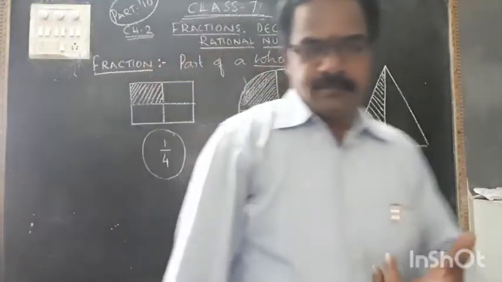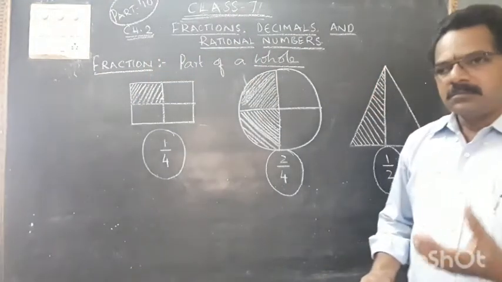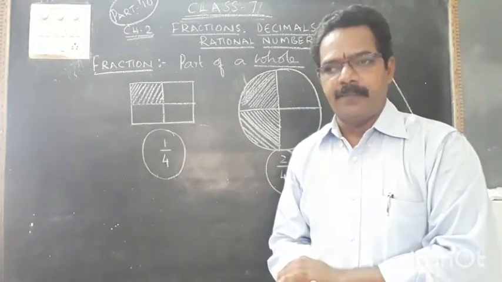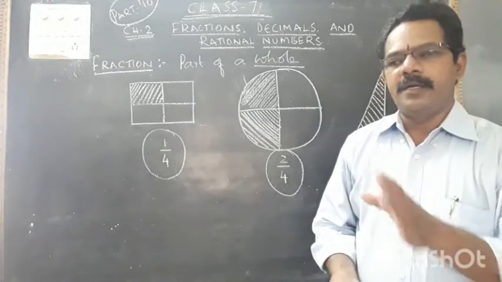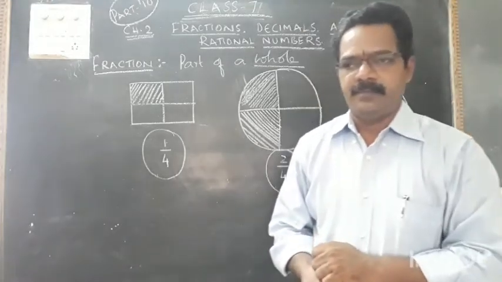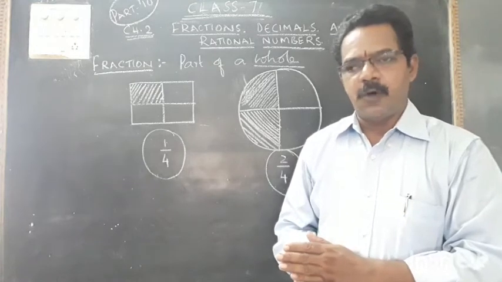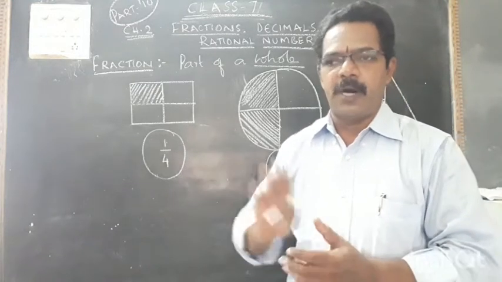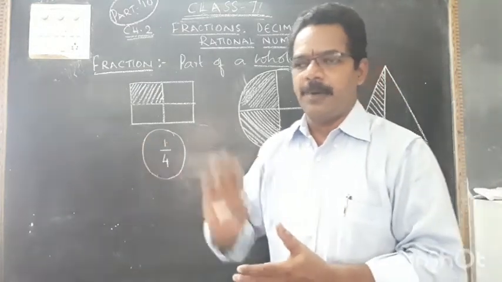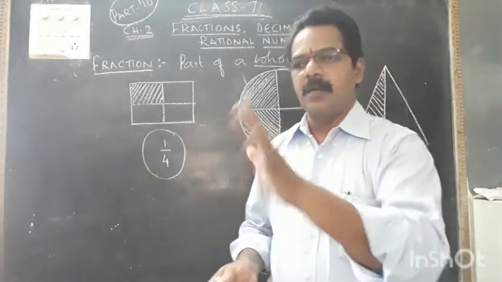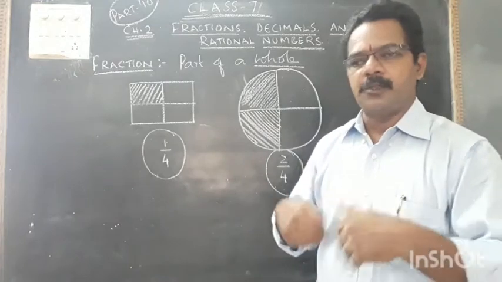That complete object I made into different parts. I know you all know about the apple. Suppose I have given you an apple. I ask you to make it into 4 parts, so you can cut it with the help of a knife. In those 4 parts, I offered you one part. You take one part and give another part to somebody, and the 4th part to me.